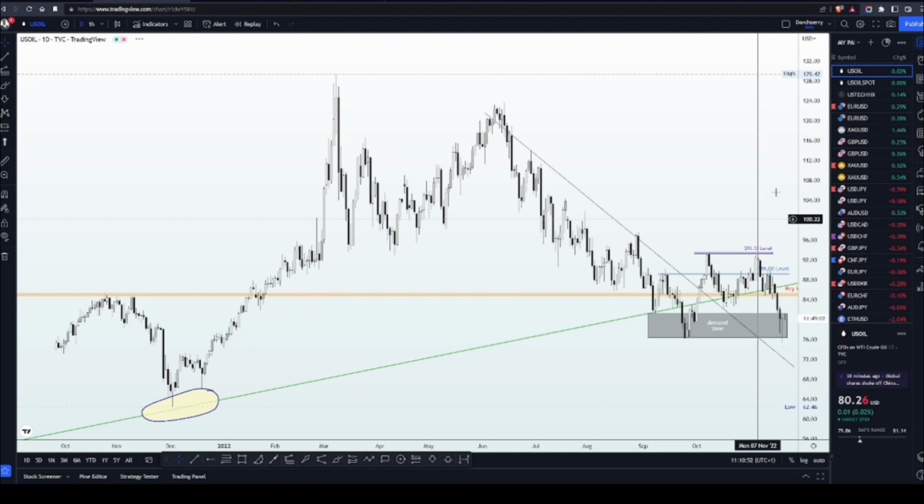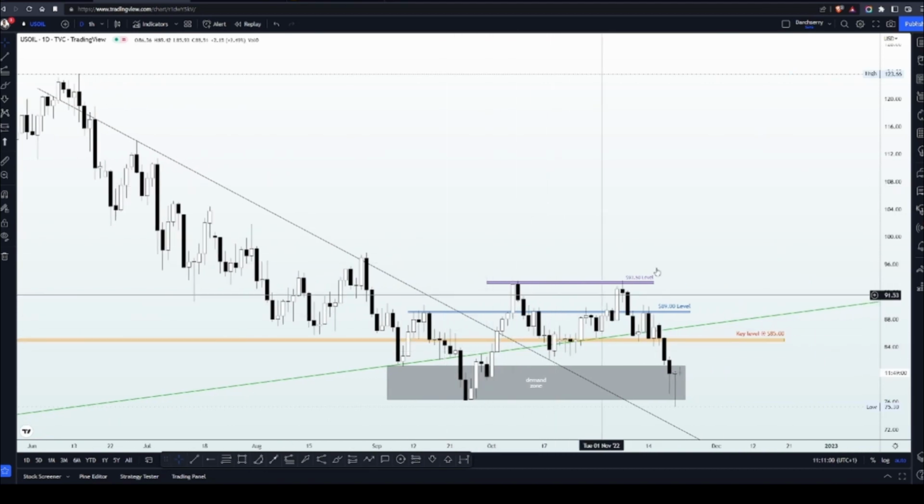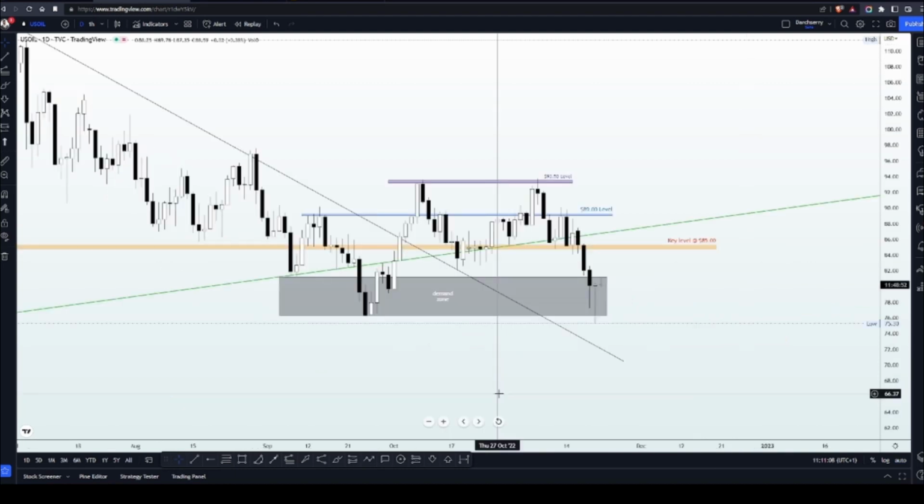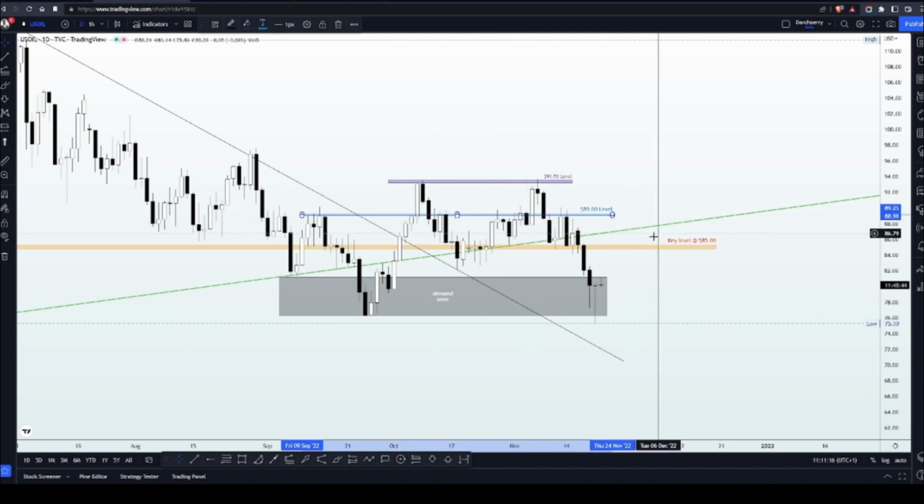Right on the daily time frame, the most important structure here is the area between the month of September and now. We have a couple of key levels that we shall be using to guide our trading activity. Let me delete this one, as it's no longer relevant at this point. Okay, I think we should still hold on to that.